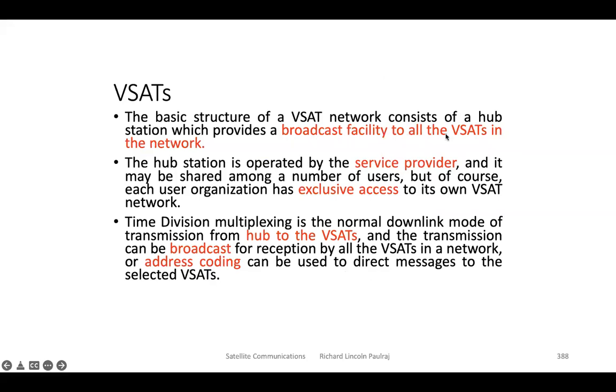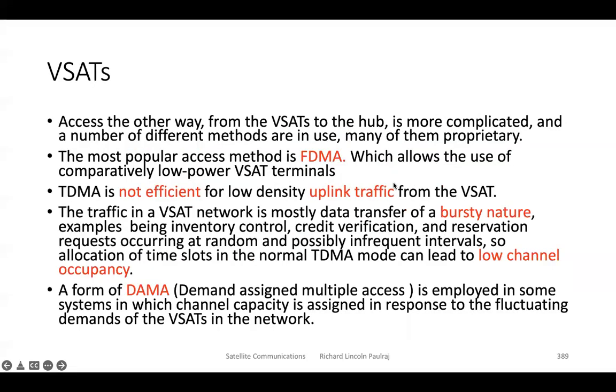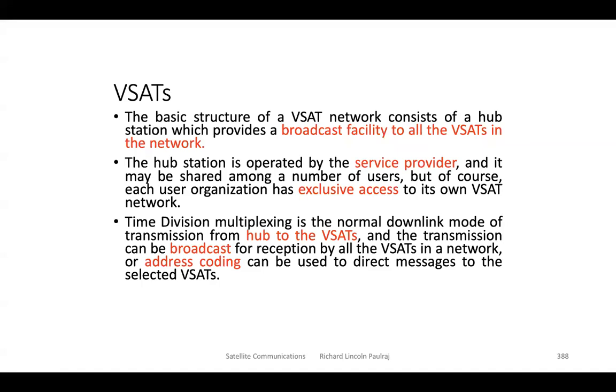It has a broadcasting facility, and it is going to use a star type of configuration. The hub station is operated by the service provider, and it may be shared among a number of users, but of course each user organization has exclusive access to its own VSAT network.